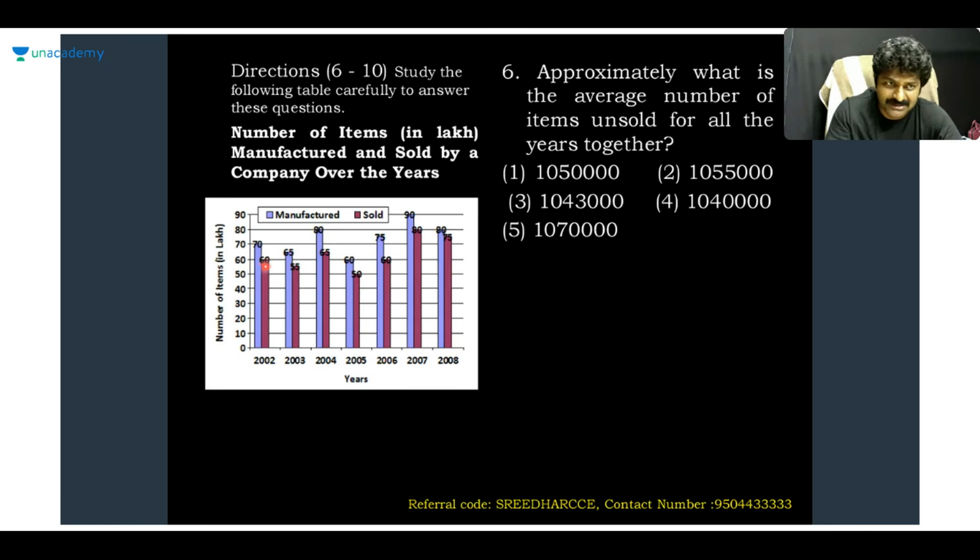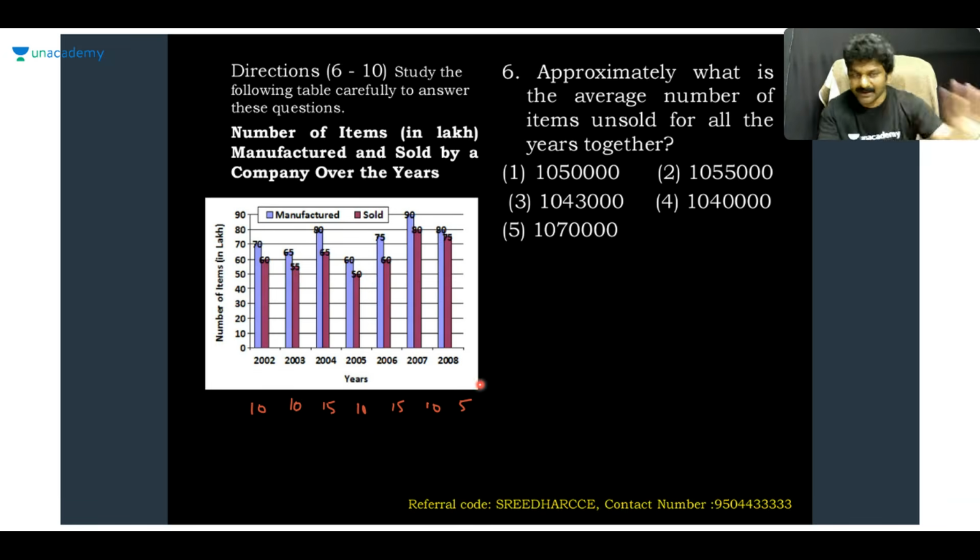Come on, let's see here. 70, 60. Difference is 10. Next also 10. 80, 65. 15. 60, 50. 10. 75, 60. 15. 90, 80. 10. 80, 75. 5. These are all unsold items.